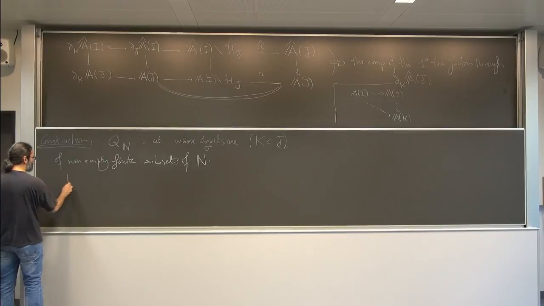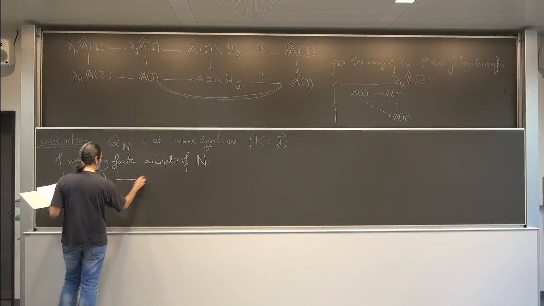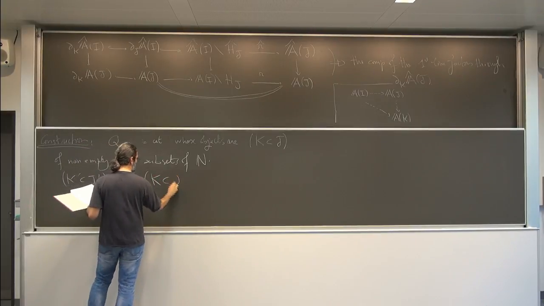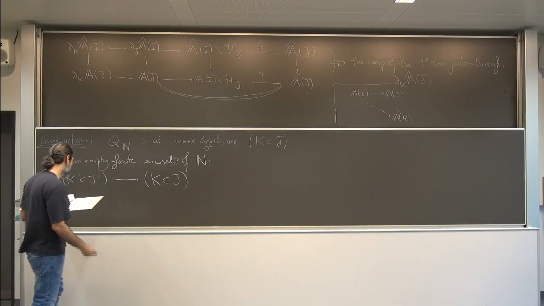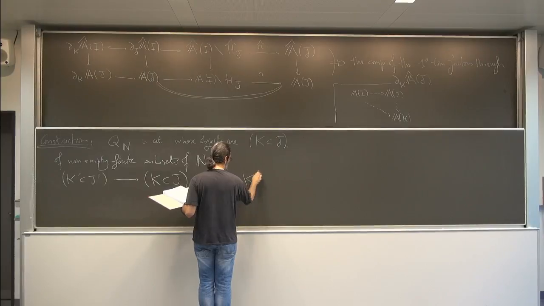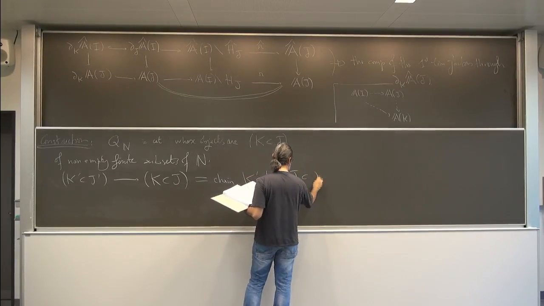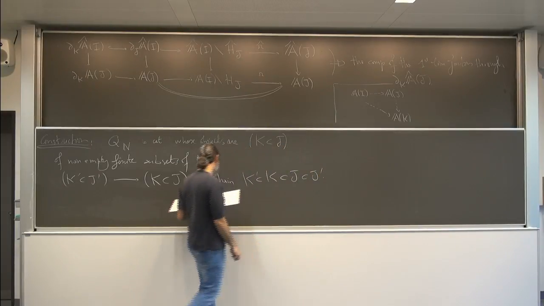A map between two such inclusions is a chain of inclusions as follows: k prime inside k, inside g, inside g prime.